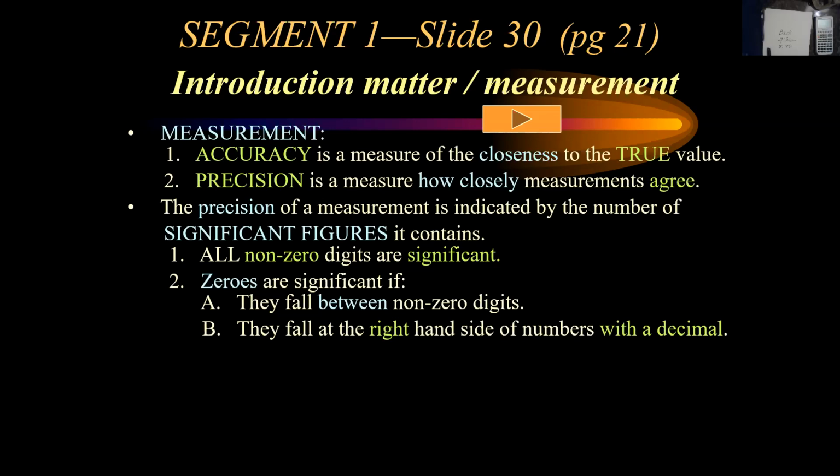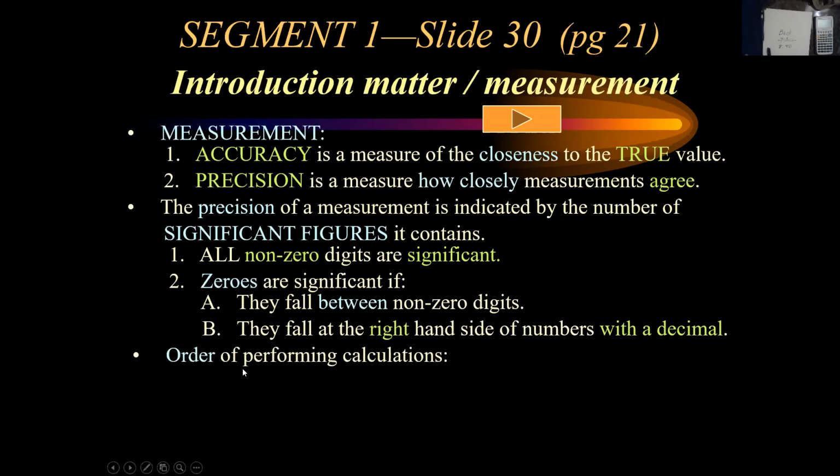If I say 1.20, that's 3 significant figures. So if I show a 0 to the right of a decimal, the only reason we'd put it in there is to mean we want it counted. So if it's to the right of a number with a decimal point, then that 0 is significant.